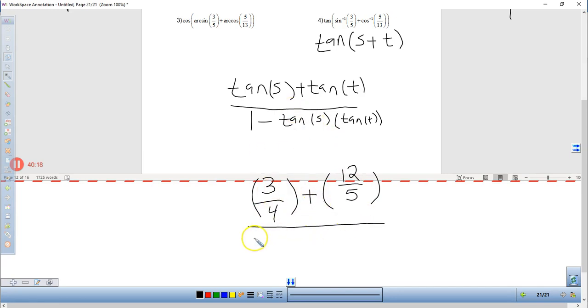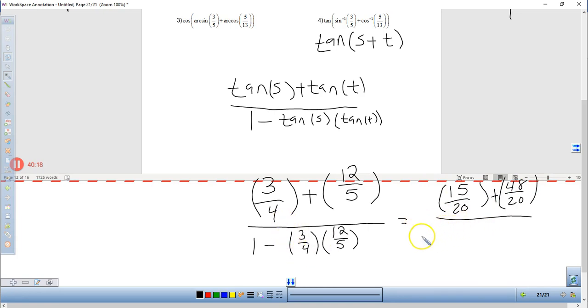Okay, that means on the bottom I've got 1 minus 3/4, and then here, tangent of t was 12/5. Now I can work on simplifying that. First thing I'm going to do on the top is make these into 20s. So I multiply by 5 on this one, so I've got 15/20.